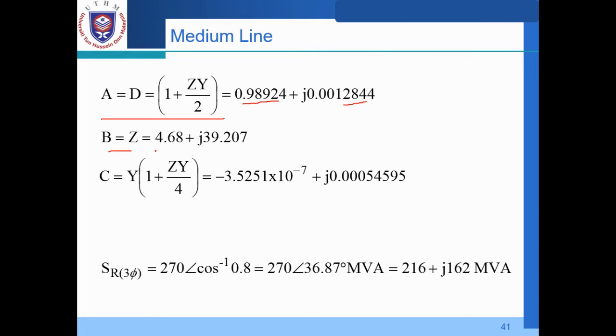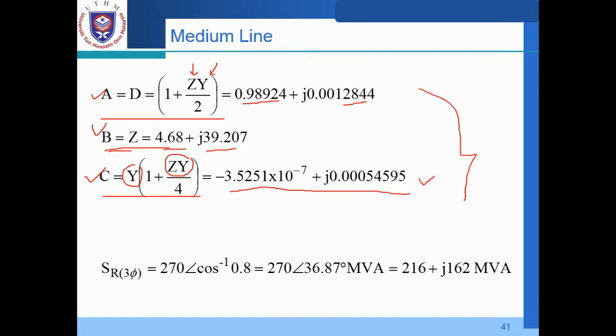B equal to Z, so this is 4.68 plus j39.207. We just insert the value of Z as well as Y. Similarly for C, we have Y over here and the multiplication between Z and Y, then this is the final value of C. So now we are done with parameters A, D, B, and C. Just leave it there; later on we are going to use all these values.